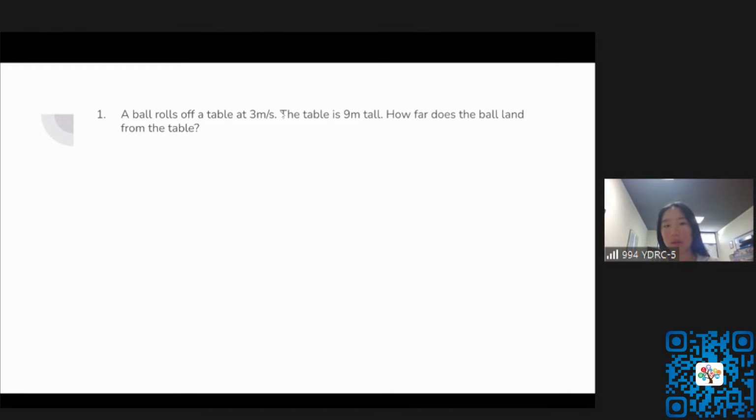Yeah, if it rolls off the table at 3 meters per second, it just means its angle is 0, and so it doesn't have any vertical velocity at all. So vertical velocity is 0 meters per second. Basically.